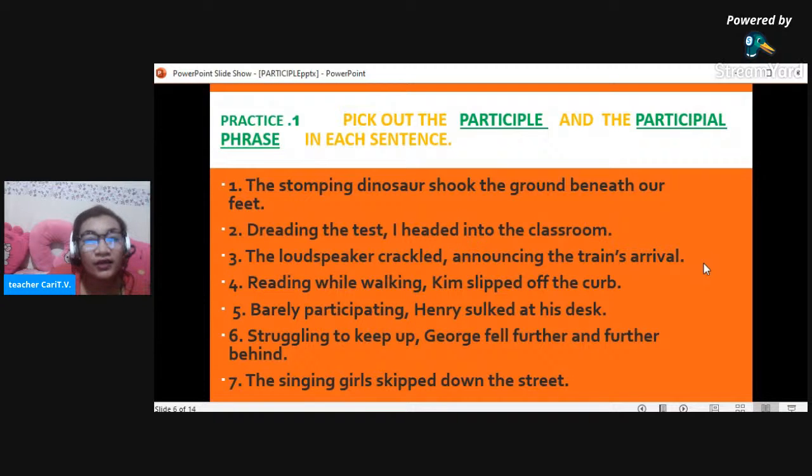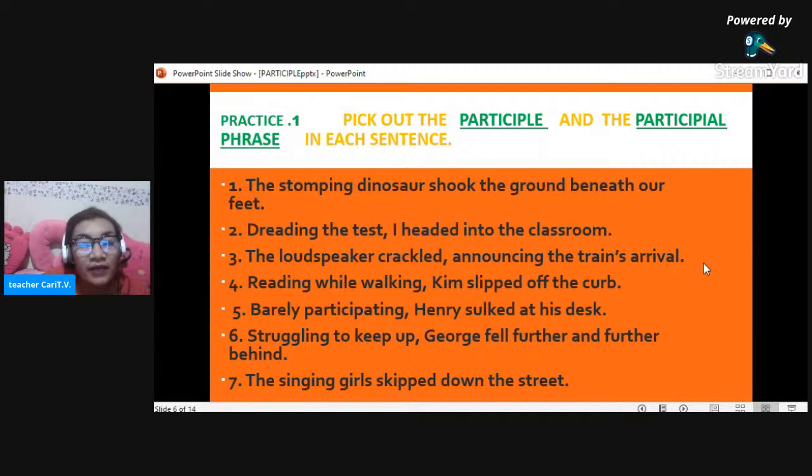Number three, the loudspeaker crackled announcing the train's arrival. So, announcing the train's arrival describes the loudspeaker. Number four, reading while walking, Kim slipped off the curb.